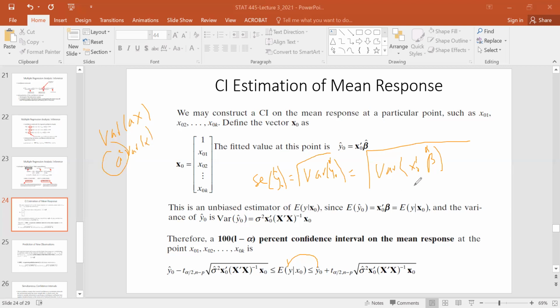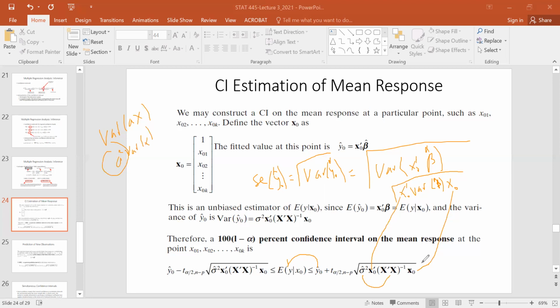So this will come out as x0 transpose, variance of beta hat, and x0, still in the square root. That is it. The x0 is the one here, x0 prime is the one here. Variance of beta hat, we have derived it, will be sigma squared times x transpose x inverse. So that's where it comes from.